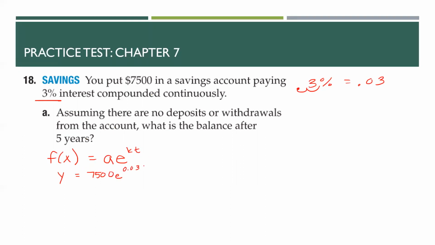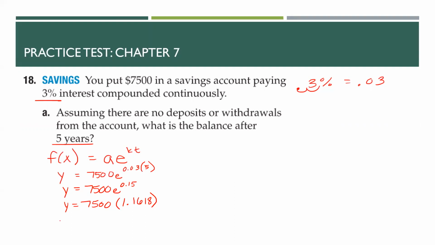And then time, it's asking about 5 years, okay? So this ends up being y equals 7,500 e to the power of 1,500. So you plug in e to the power of 1,500 into your calculator, and you end up getting 1.1618 10,000ths.